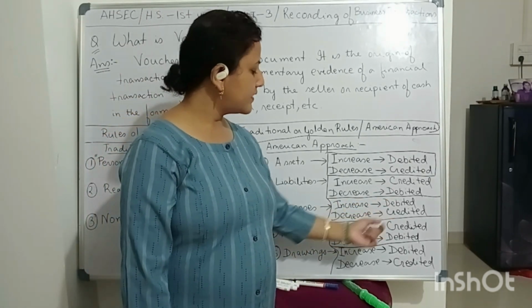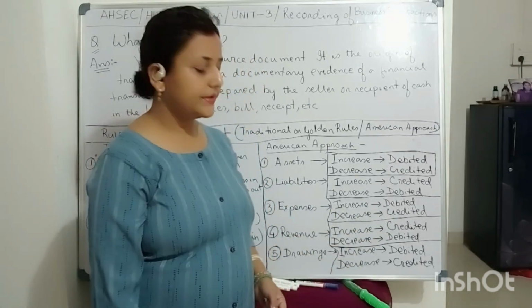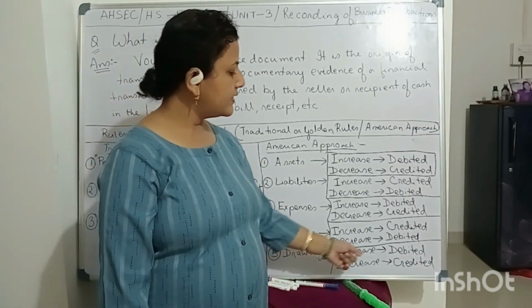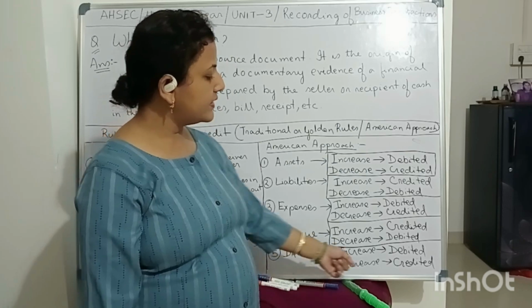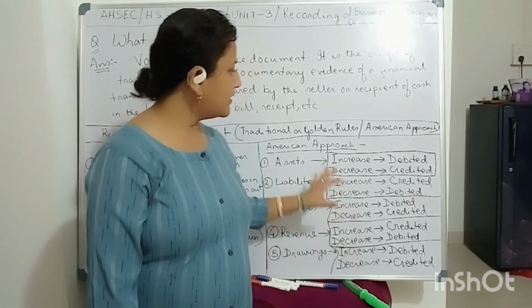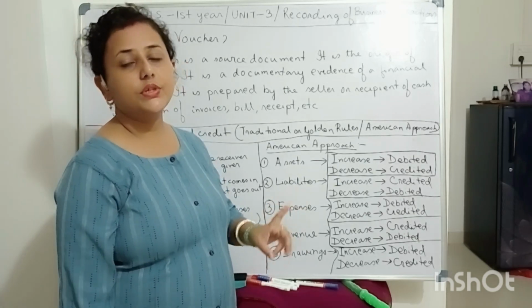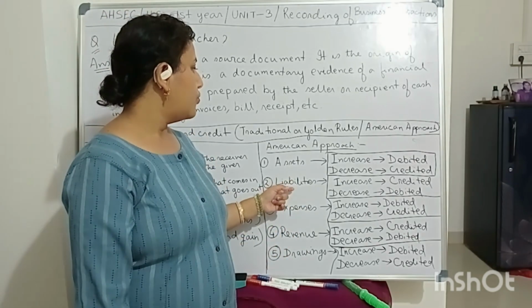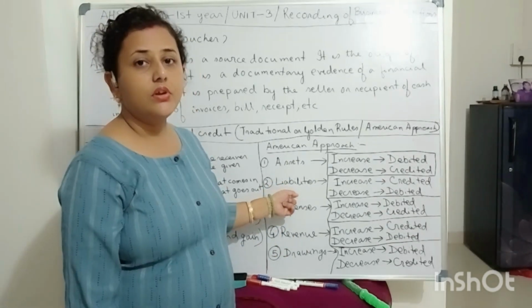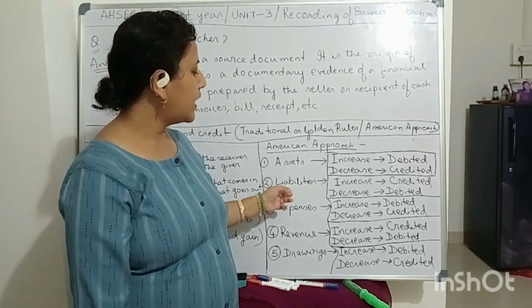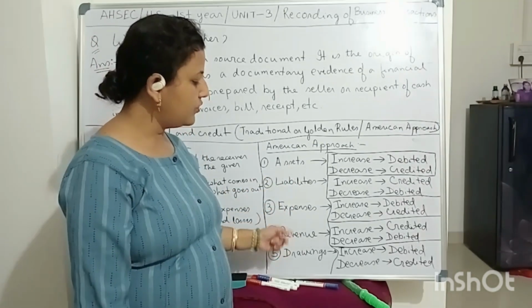Revenue increase, it is credited; decrease, it is debited. Drawings increase, it is debited; decrease, it is credited. That is said in the American approach. You have to know which account belongs to which classification, whether it is an asset, liability, expense, revenue, or drawings.